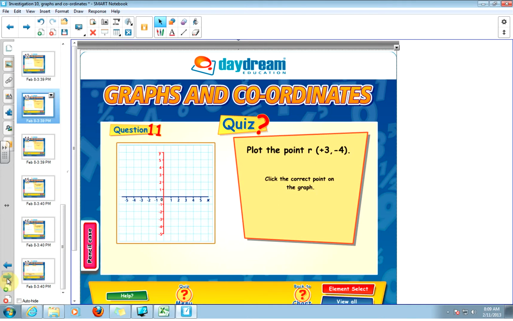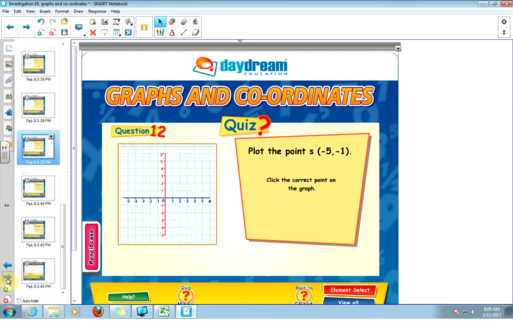Question 11. Plot the point R. Coordinates are 3, -4. Question 12. Plot the point S. -5, -1.